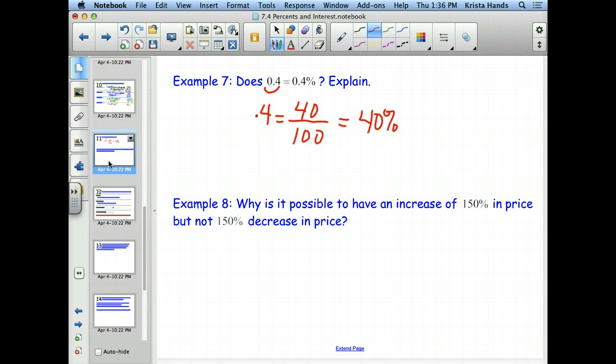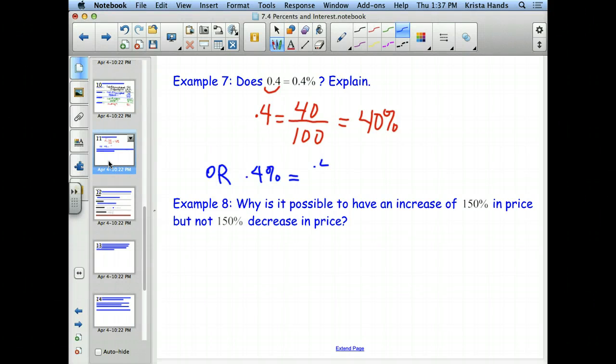So we can think about moving from left to right. Brendan, you were doing it the other direction. You wanted to talk about this 0.4%. So what does 0.4% mean? Well, if I want to turn it back into a decimal form, I would put it over 100.